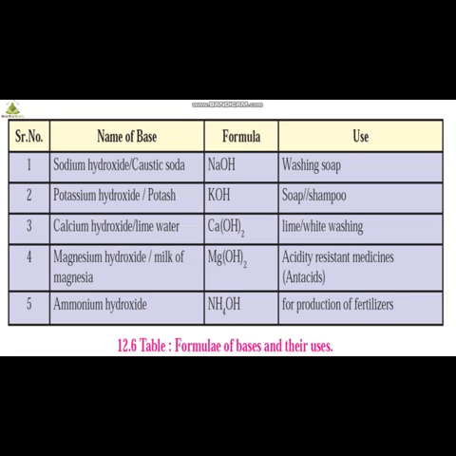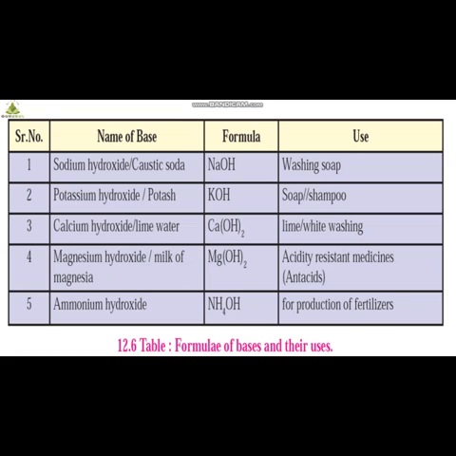Now let us understand what is antacids. These are nothing but acidity resistant medicines. Okay, we have Gelusil, Digene, these are all medicines which have milk of magnesia or magnesium hydroxide as a main component of it.